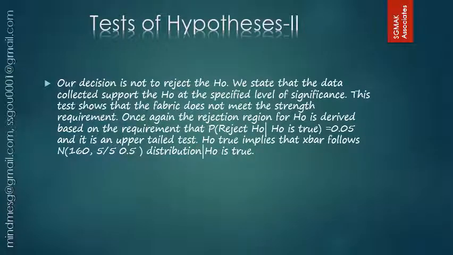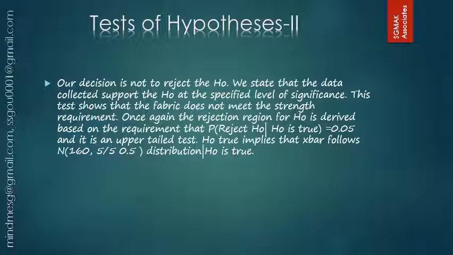Our decision is not to reject the null hypothesis. We state that the data collected support the null at the specified level of significance, or there's not enough support to reject the null hypothesis at that level of significance. This test shows that the fabric does not meet the strength requirement.